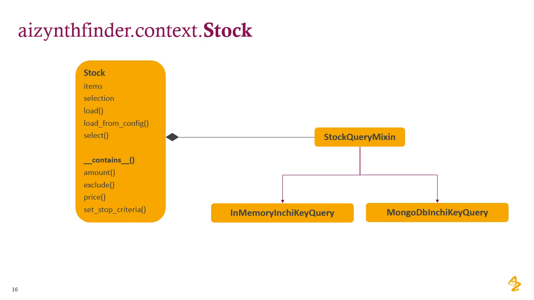You can query the amount and the price if your stock holds that type of information. You can also set stock criteria, which are generalized criteria, like number of carbon atoms or maximum price and things like these.